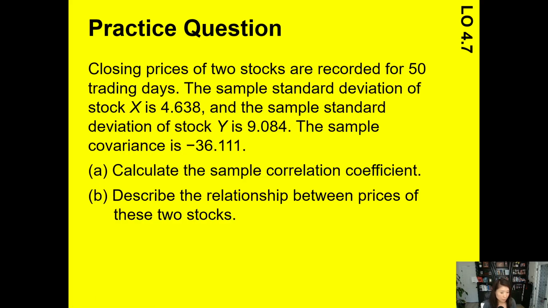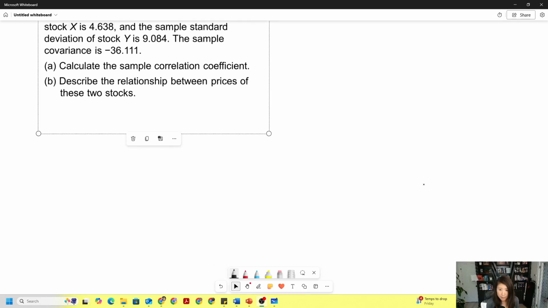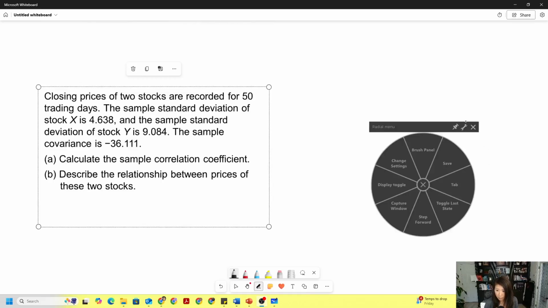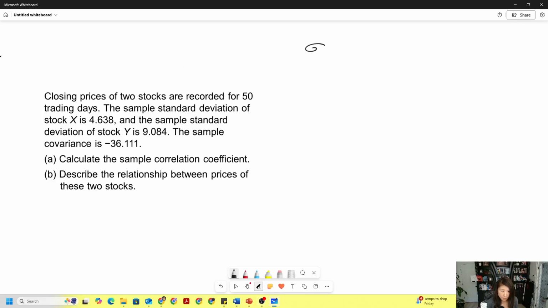Okay, so let's look at it on my whiteboard together. First of all, we know that sigma, the first is the stock X, so that's sigma X. This is the sample, so everything here is going to be the sample.